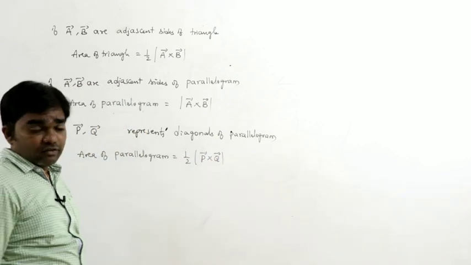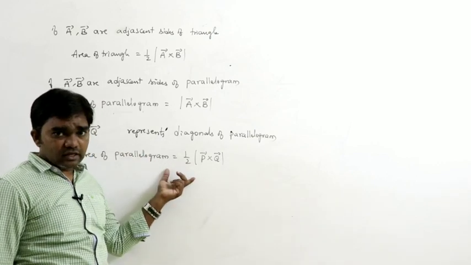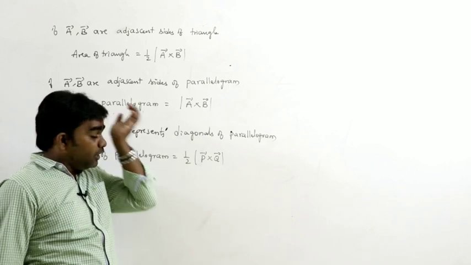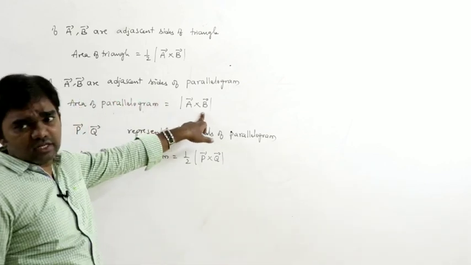If the diagonals are given in the problem, then area of the parallelogram is half into p cross q. If only adjacent sides are given, then it is a cross b.